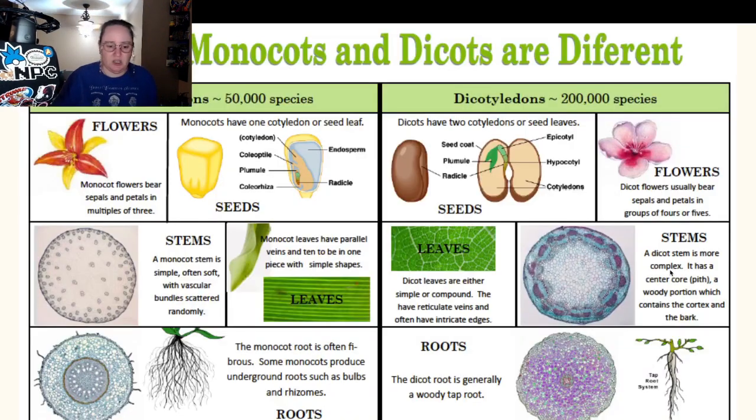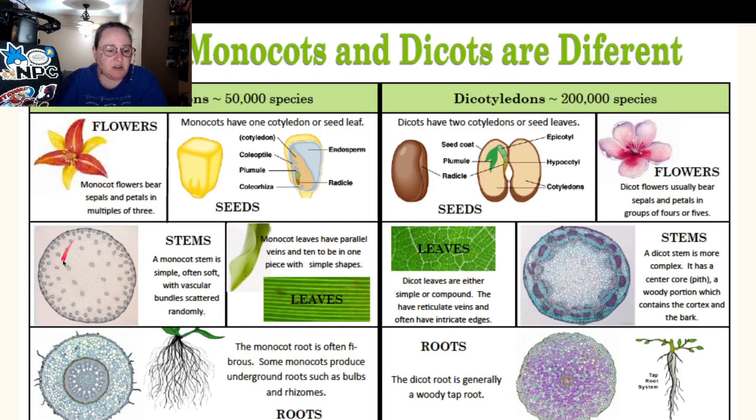Anyway, now, we split the angiosperms again into two overall groups, and that's the monocots and the dicots. And I mentioned this earlier in the last lecture, but let's go ahead and go over it again. So basically, monocots usually have petals in multiples of 3. Their stems are very, very simple.